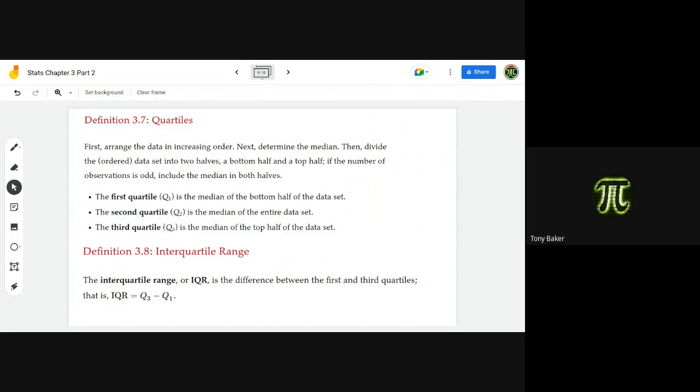If you remember when you got your SATs or ACTs, you probably got your decile. It's actually the 10th instead of quartile. Quartile is just 25%. So we want to be able to split data into groups of 25%.